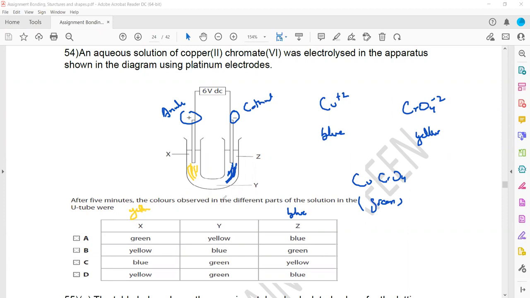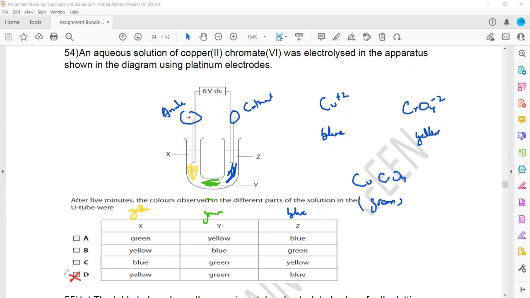And at the center, where the copper ions and chromate ions are mixed together, what is the color of that compound? That is green in color, because from this compound the ions are separating. So this is green in color. So yellow, green, and blue. So what is the right option? Then D will be the right answer.